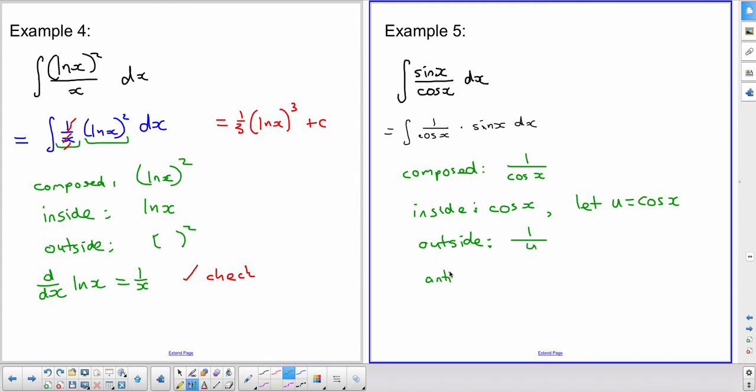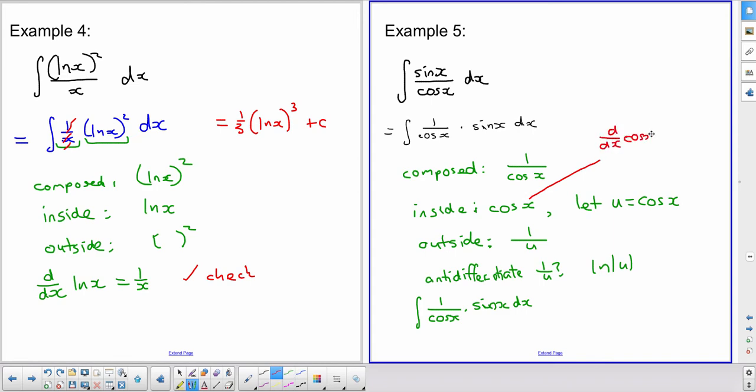To anti-differentiate 1 divided by u, or 1 divided by something, the antiderivative of that is ln absolute value of whatever's underneath. So since we see that the derivative of cos x is minus sine x, we can score that out.